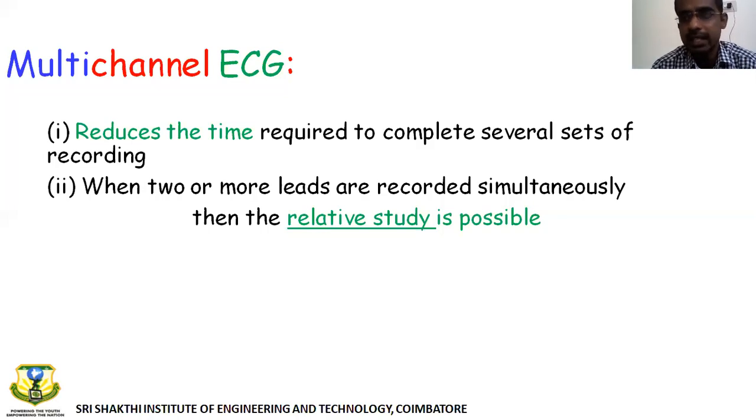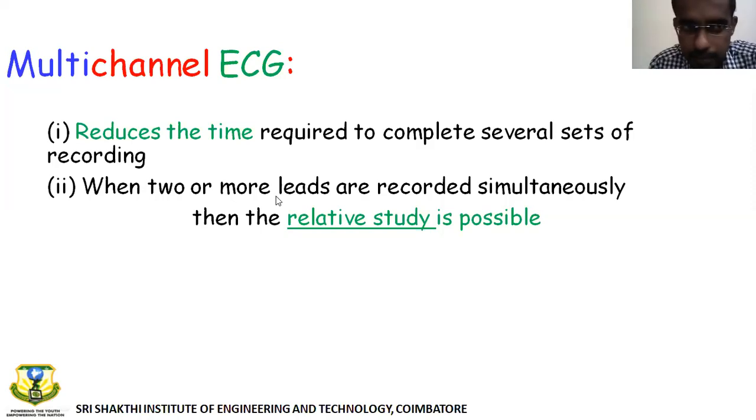In single channel ECG, you miss certain data, even if it is 1 minute or 5 seconds. Whereas here, parallelly, it goes on. So you can relate the activity and study, for example, left atrium and right atrium, and how both are functioning. So that relative study is always possible in multi-channel ECG.